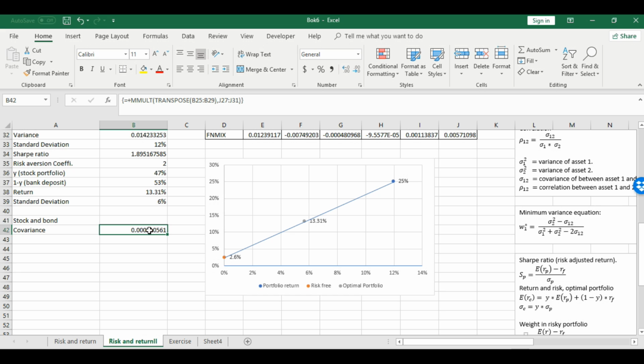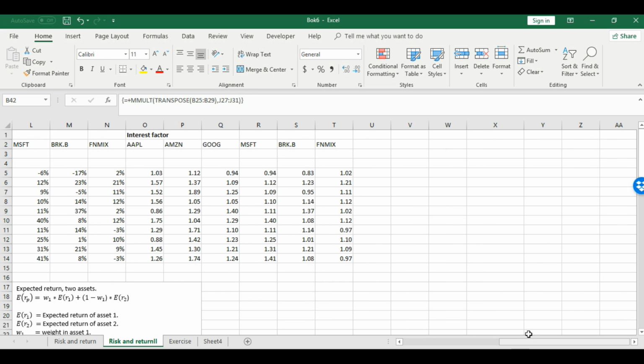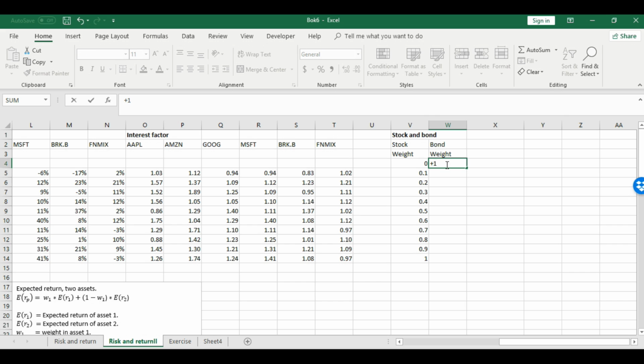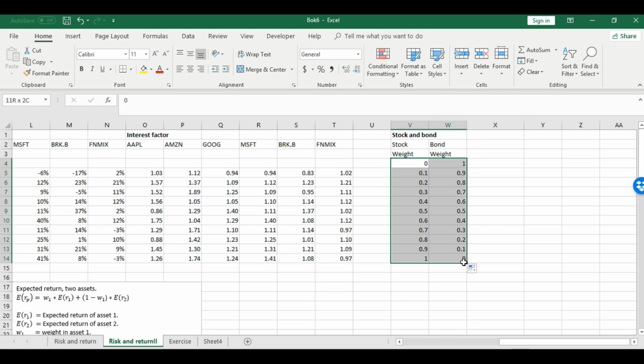We will set up a set of combinations between the stock portfolio and the bond fund. Now we calculate the risk and return of each combination.